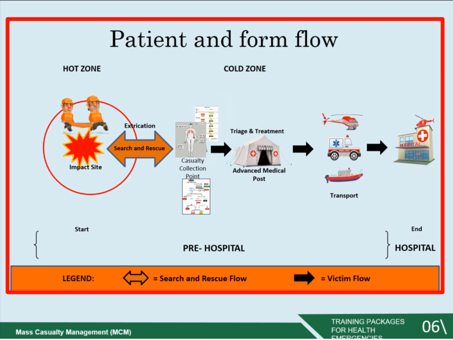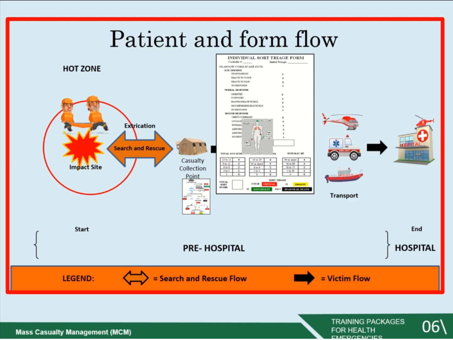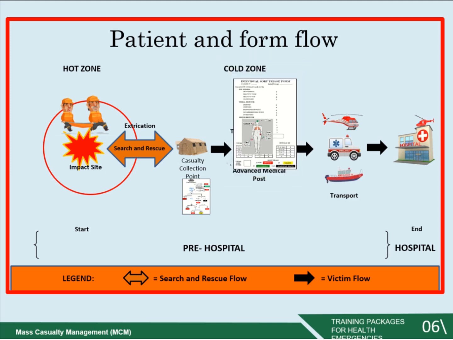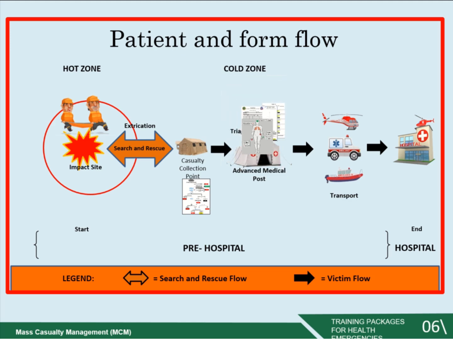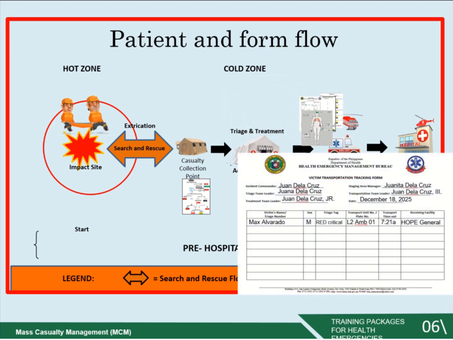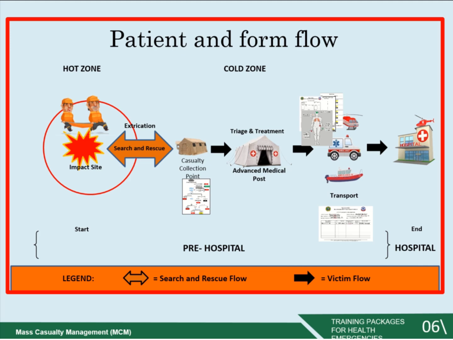Now, supposing that this patient is tagged red, this patient will be transferred immediately to the AMP, and will meet the individual SORT triage form and the treatment form. Now, pre-transport, the transport team leader will keep track of this patient using the transport tracking form before transferring this patient into more definitive care.